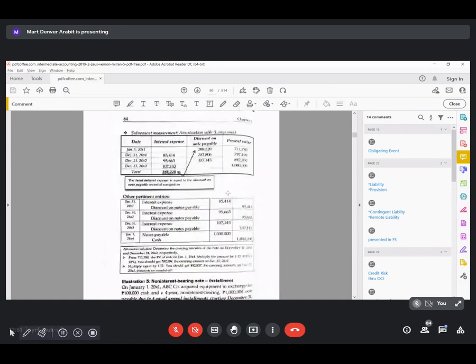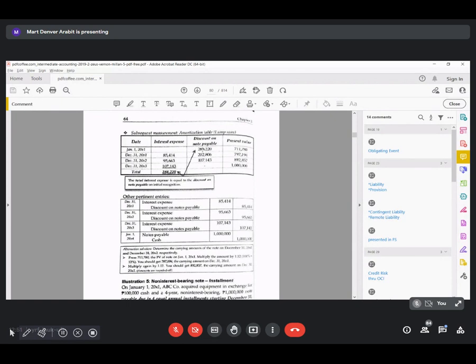Okay. So, dito naman sa example natin ng amortization table, which is using the effective interest method, yung discount on note payable is equal dun sa total interest expense niya at the end nung note payable or at maturity date niya. Okay.